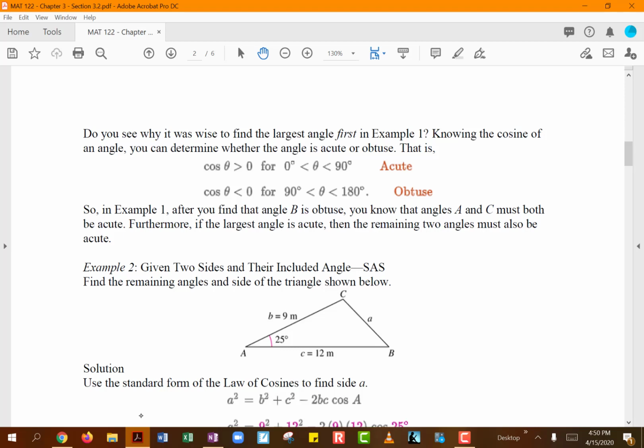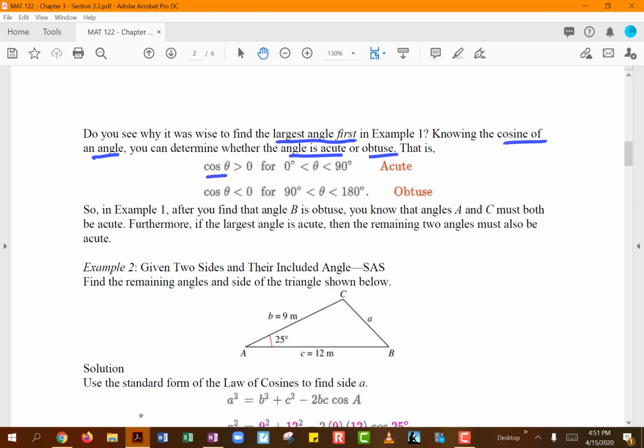So just as a fact over here, do you see why it was wise to find the largest angle first? Knowing the cosine of an angle, you can determine whether your angle is going to be acute or obtuse.